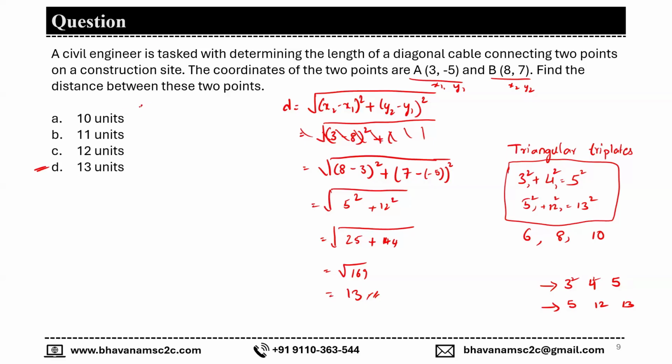So now what they gave is the A coordinate as 3 comma minus 5 and B coordinate as 8 comma 7. Similarly, they will give you another cable with the endpoints C as 1 comma 2 and D as 9 comma 10. And they will ask you what is the shortest cable.